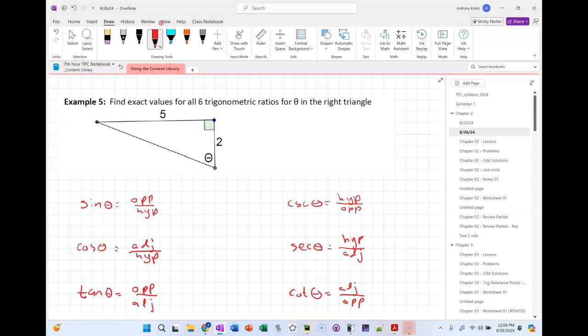All right. So if I go and look at my triangle, let's start with sine. What is opposite? No, I mean, sine is opposite over hypotenuse, right? What goes in the opposite spot? 5. Great.